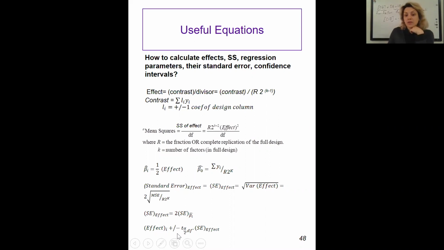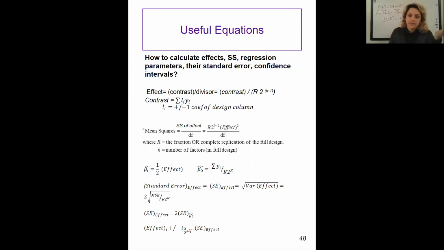And then here you can have an interval for it. We have learned that from the first and second chapters. Whenever you have the standard error of some parameter, you find the number from a table, t-table most of the time, and then you say the estimate plus minus that.